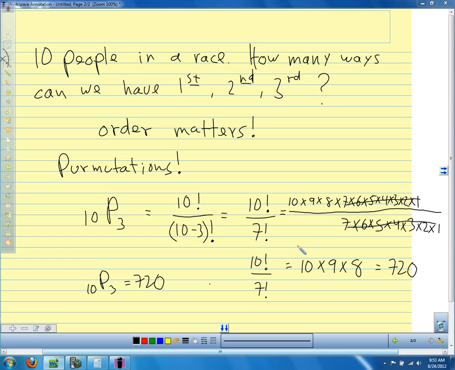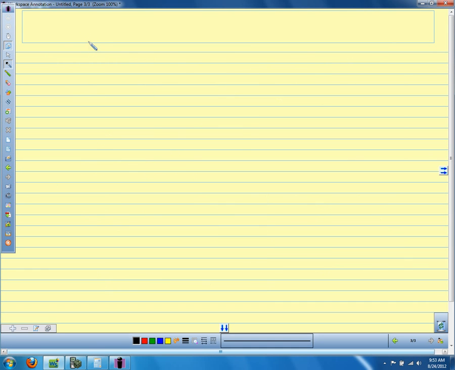Okay, so combinations. Combinations are another way of arranging things out of a group.